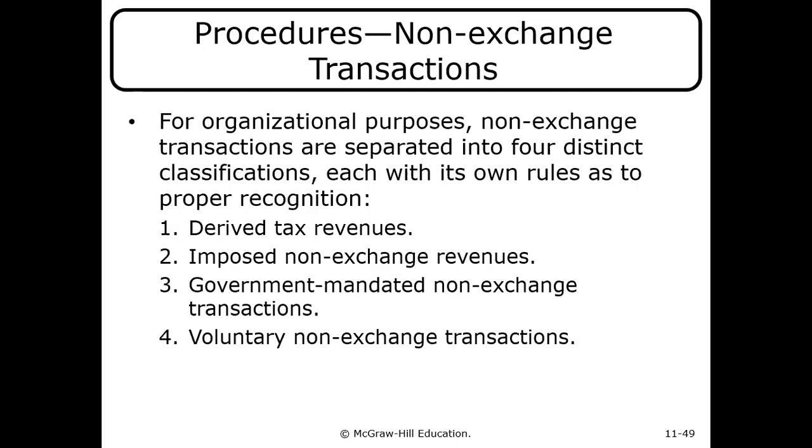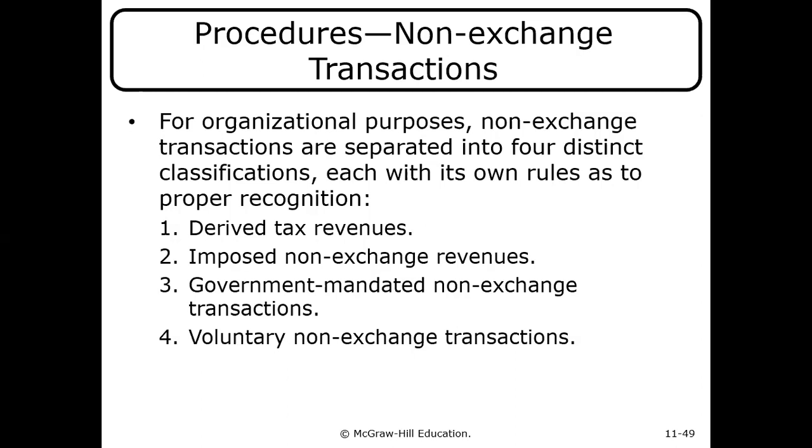Government-mandated non-exchange transactions. This includes monies such as grants conveyed from one government to another to help cover the cost of a required program. So they're mandated by law. For example, a state specifies that a city must create a homeless shelter and then provides a grant of $900,000. Voluntary non-exchange transactions. Money has been conveyed willingly to the state or local government by an individual, government, or organization for a particular purpose.